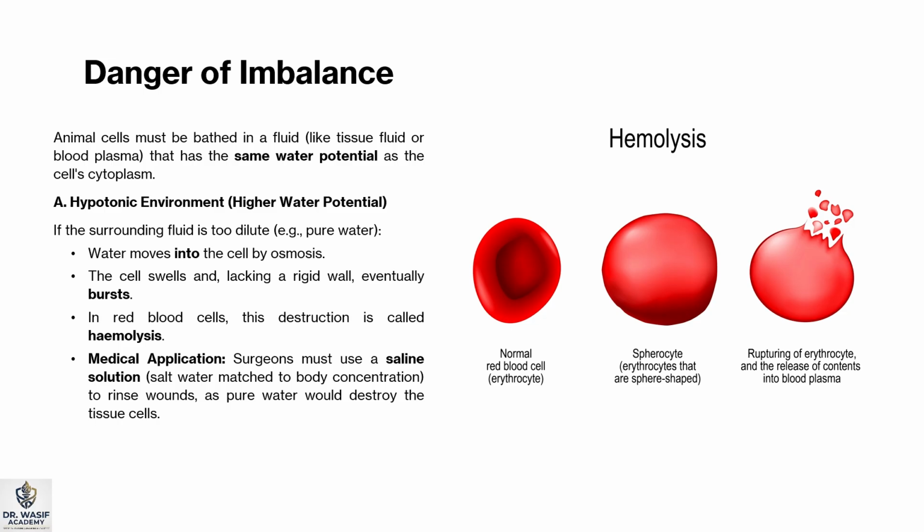Because the pure water would cause all the exposed tissue cells to undergo hemolysis and die. Instead, they use a saline solution, salt water, that is carefully matched to the exact water potential of your body's cells. So in medicine, keeping the water potential balanced is quite literally the difference between healing a patient and harming them.